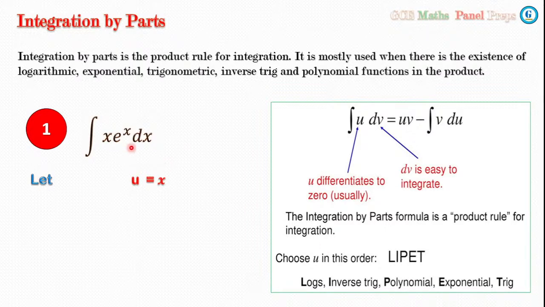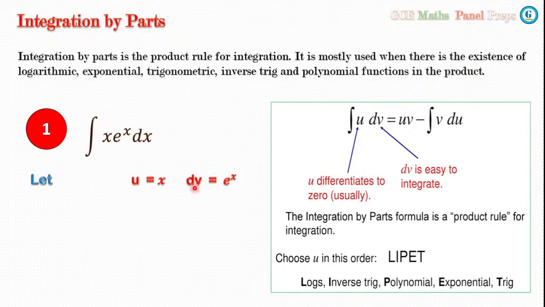So our u should not be e to the x, our u should rather be x, from LIPET. So now our du will be equal to 1, and then this other function should be dv. So the two functions in this question are: this one is u, while e to the power x is dv.